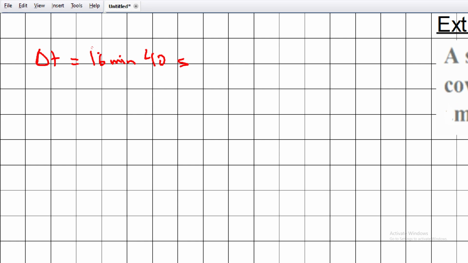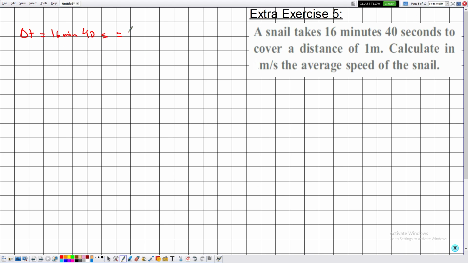Notice that this duration is not expressed in the SI. In order to convert it to seconds, we need to multiply 16 by 60 and add to it the 40 seconds. Plugging this expression in the calculator, it's 1000 seconds. So it takes the duration delta t, 1000 seconds, to cover a distance of 1 meter. The distance already is in the SI.